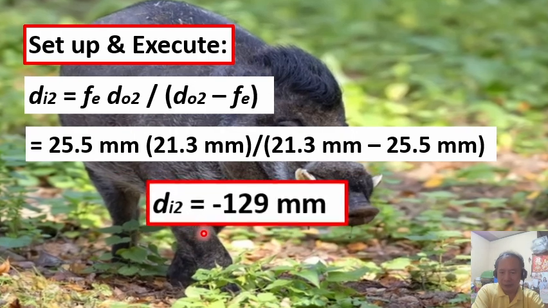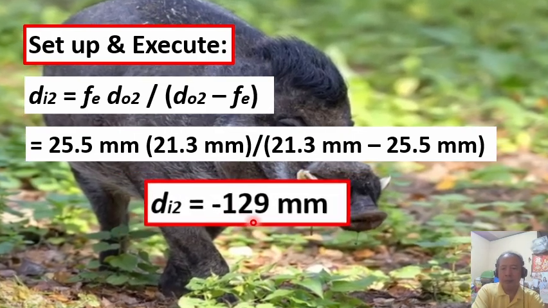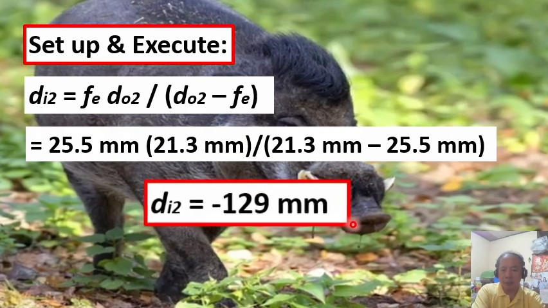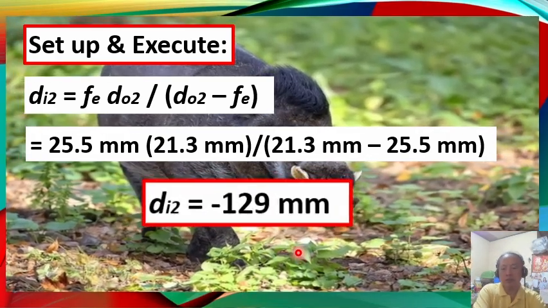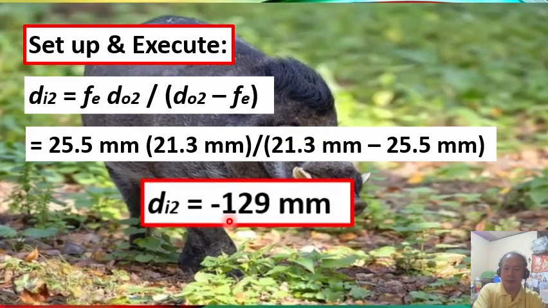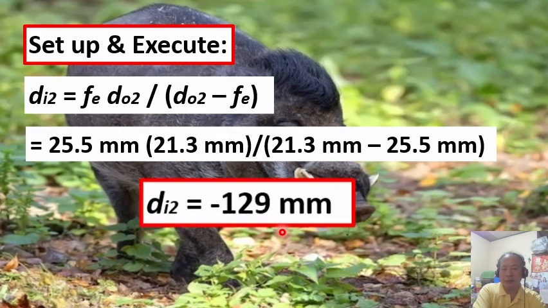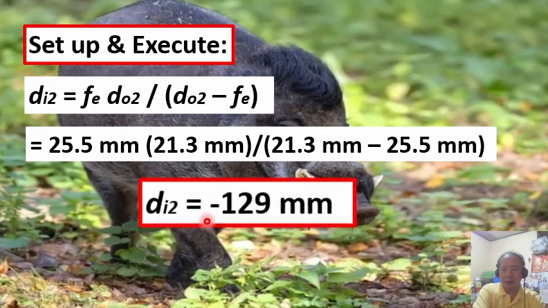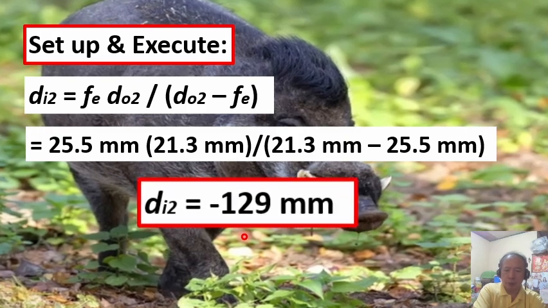And our answer is d sub I2 equals negative 129 millimeters, which suggests that the final image is virtual. That is the meaning of the negative sign of our computed value for d sub I2.